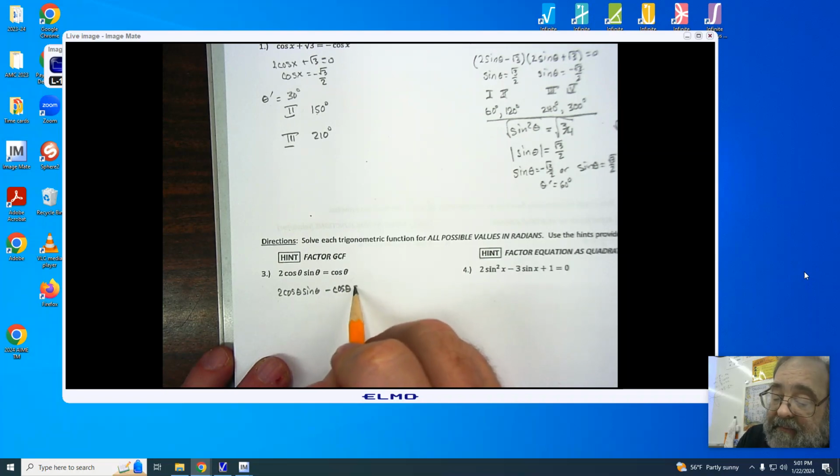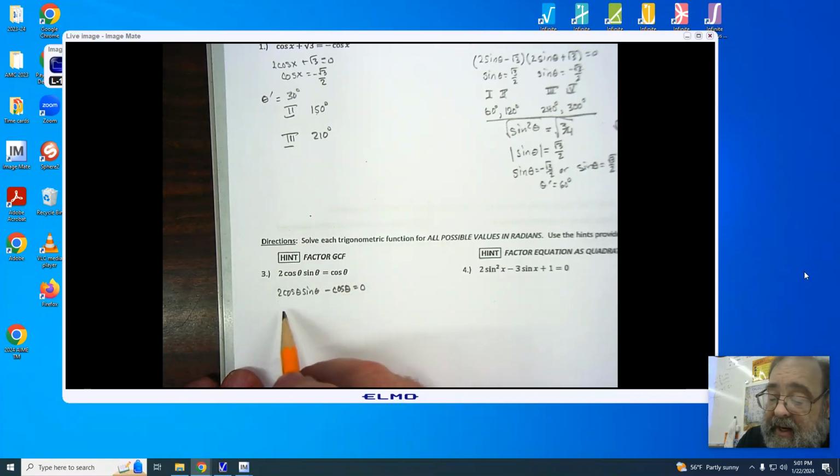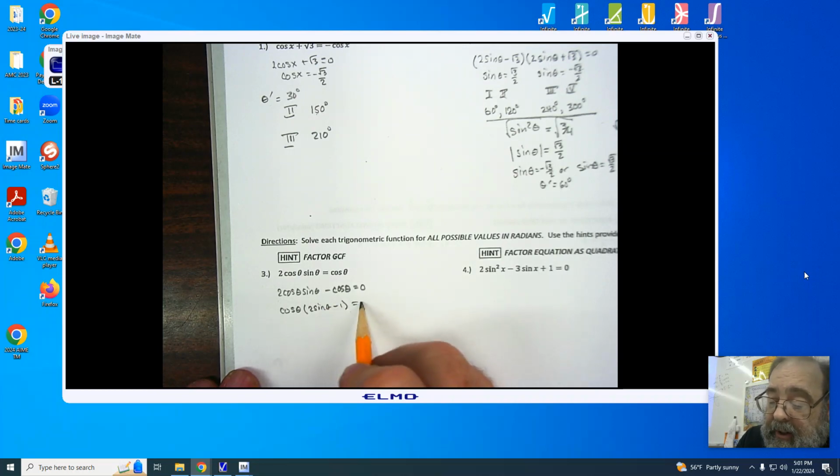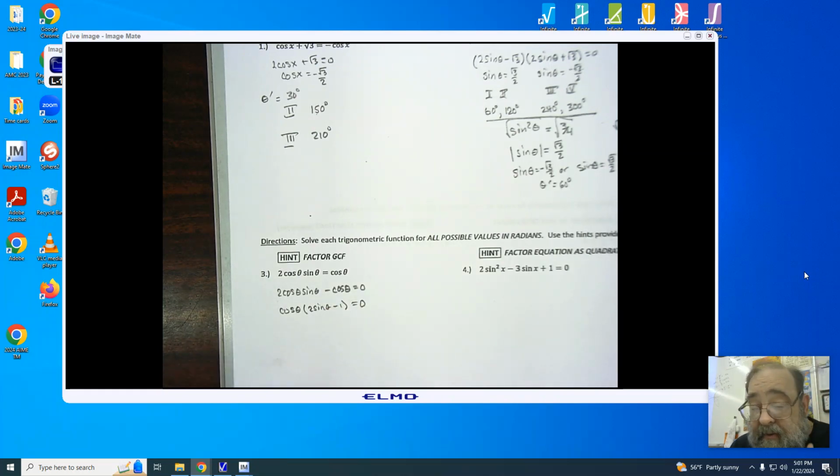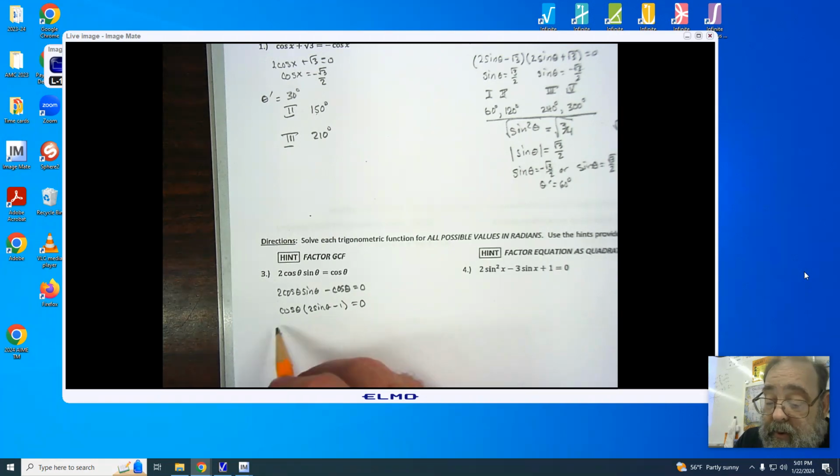This will allow me to have a GCF cosine, which I can now factor out. And the cosine of theta times 2 sine of theta minus 1 gives us a preservation of the function, which means that we will be able to find all of our solutions. When cosine of theta is equal to 0, this happens at pi over 2 and 3 pi over 2 on the unit circle.